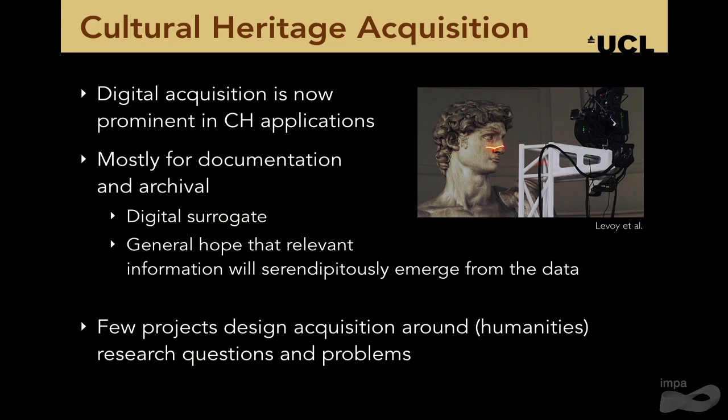So digital imaging is here to stay in heritage applications. There are also finally some emerging standards on how it's best done. Any scanning or imaging is still mostly done for documentation purposes. There's the concept of a digital surrogate, saying that once you create a good enough digital representation of an object, that digital model can replace the object for certain applications in certain cases.